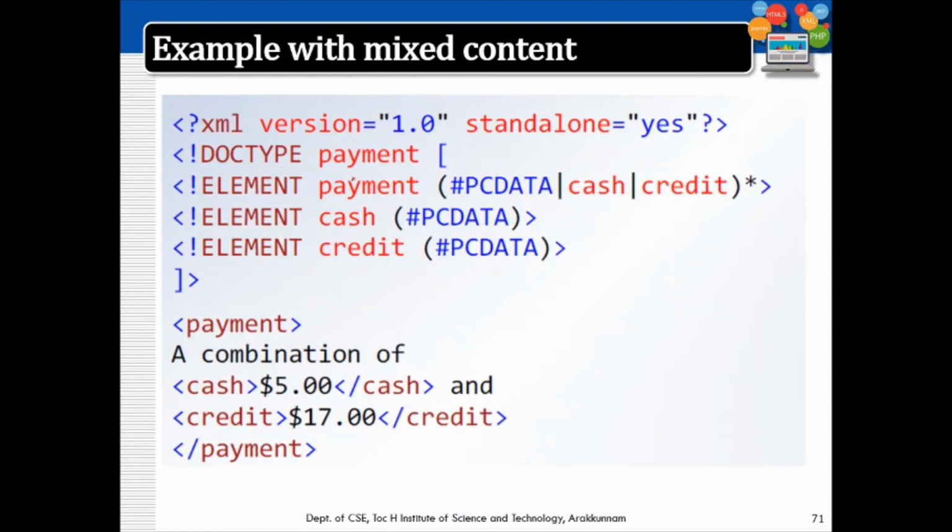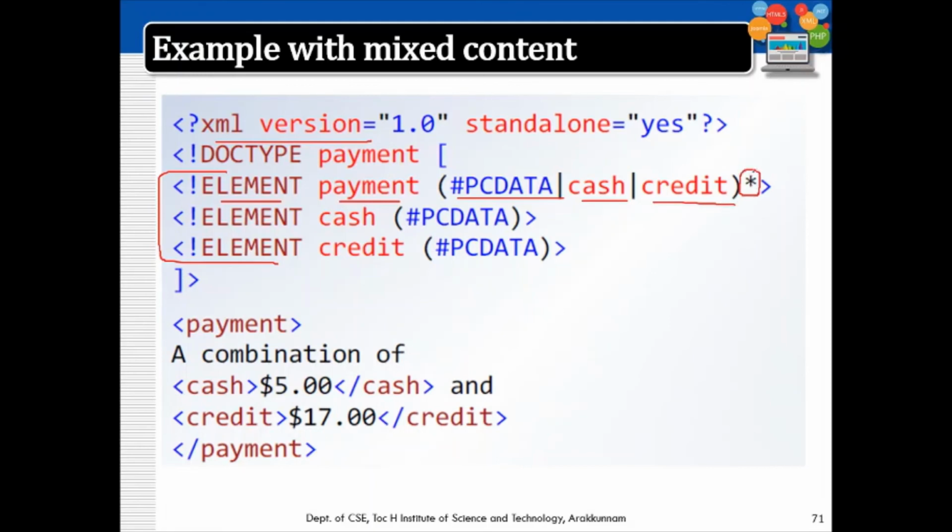Example with mixed content. Mixed content, hope you remember, can contain data, tags, or random data. So XML prologue, DOCTYPE payment. This is an internal DTD. ELEMENT payment. This payment can contain, hope you remember, this is how you give mixed data: it can contain data or cash, that means another node, or credit.